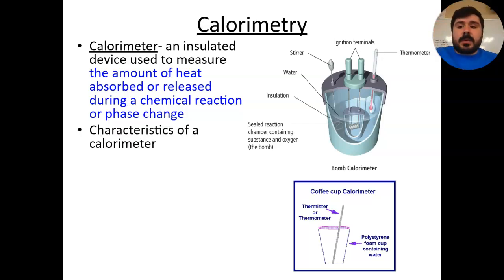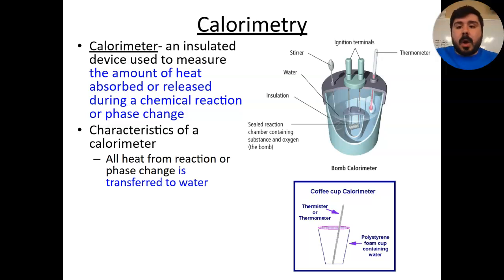Some characteristics of a calorimeter are things like all heat from the reaction or phase change is transferred to the water. So we're specifically looking at this calorimeter in the top right-hand corner, known as a bomb calorimeter. The ignition terminals basically start the reaction here. Your sealed reaction chamber is in the dead center here, where you've got your substance. And everything else around it is a secondary chamber with all the water surrounding it.